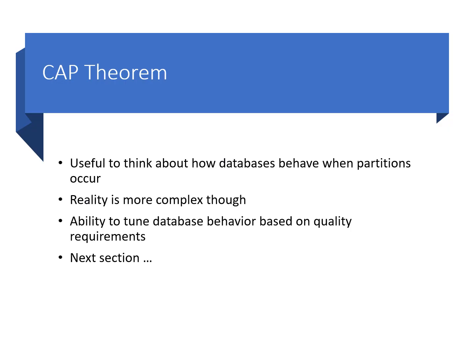So the CAP theorem is a useful model to think about how replicated, partitioned databases behave when partitions in the network occur. Reality, however, is a lot more complicated because databases will allow us to tune their behavior based on the availability and consistency needs that an application has. And we'll talk about these in the next section.